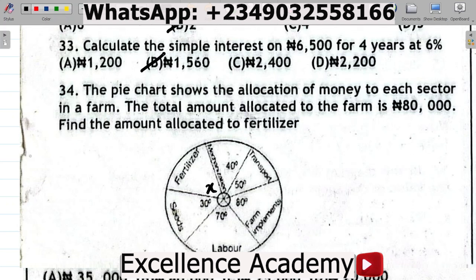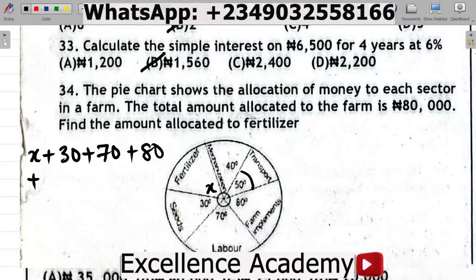That means if I add the angle of fertilizer, X, plus that of seeds, which is 30, plus that of labor, which is 70 degrees, plus that of farm implements, which is 80 degrees, plus that of transport, which is 50 degrees, plus that of, I think, mechanization, which is 40. If you add all of this, it will be equal to 360 degrees, right? Sum of angles at a point is equal to 360 degrees.